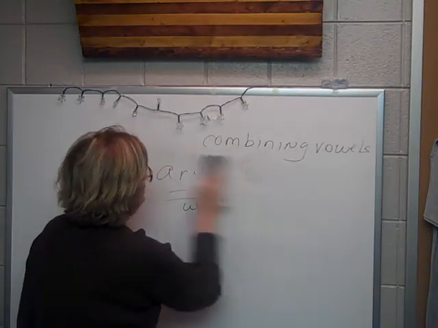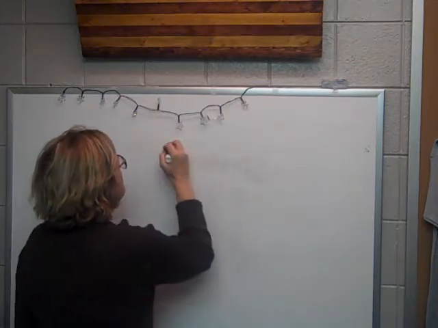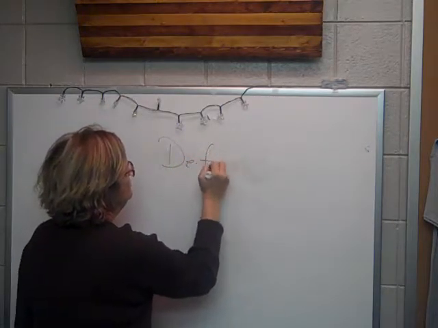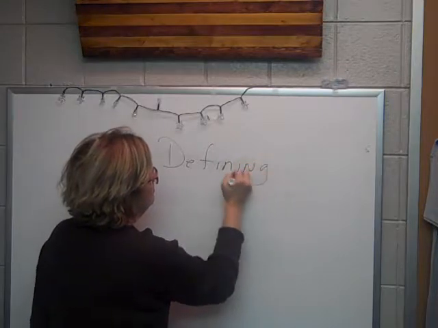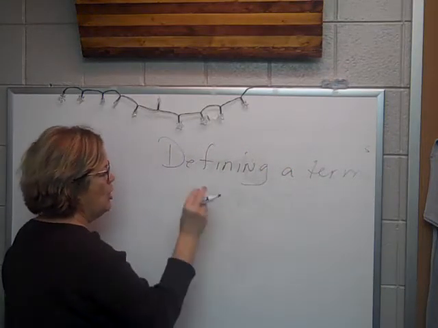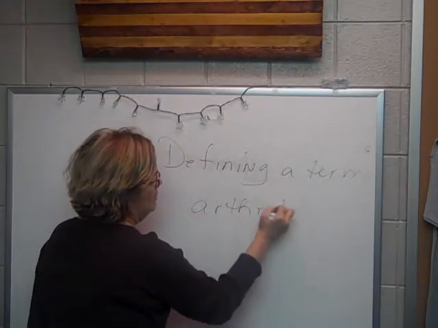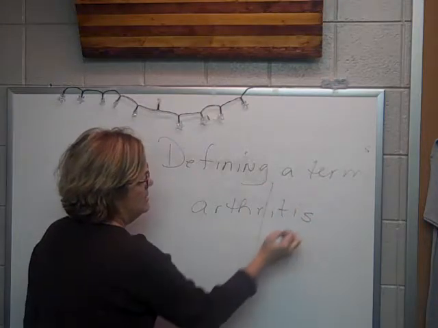The last rule that goes with suffixes is definition. Defining a term. Anytime that you're defining a medical term, you always start with the suffix. So, for arthritis, itis is our suffix.